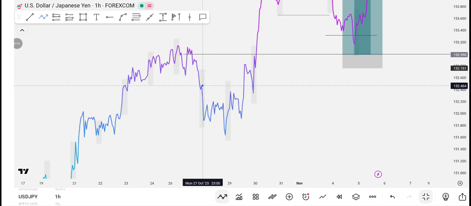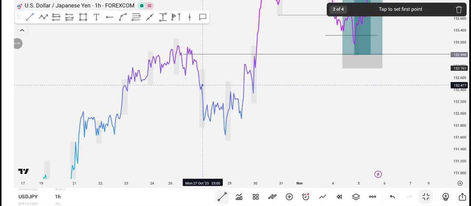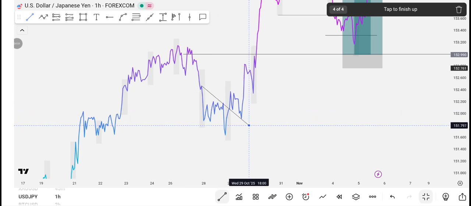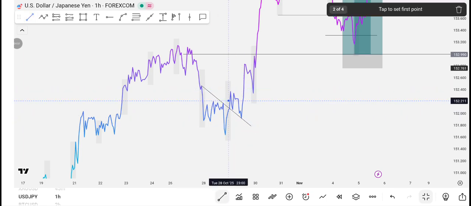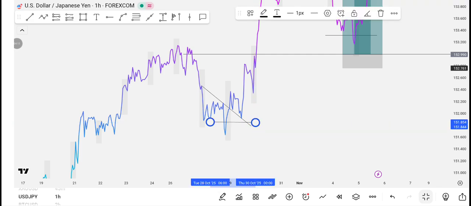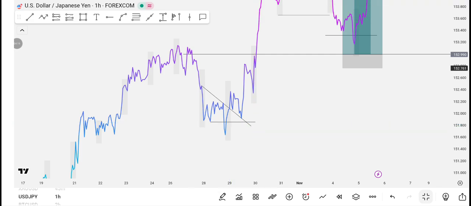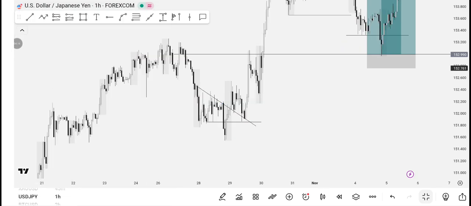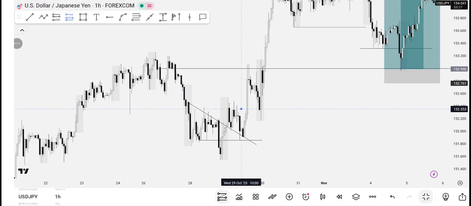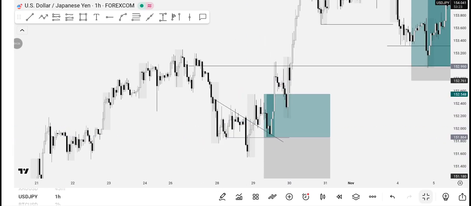So I spotted this area, this trend line here, this trend line reversal over here, and it was aligned together with my QM for my entry. So I decided to take my buys from here.